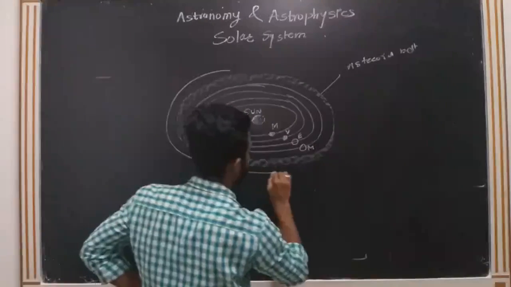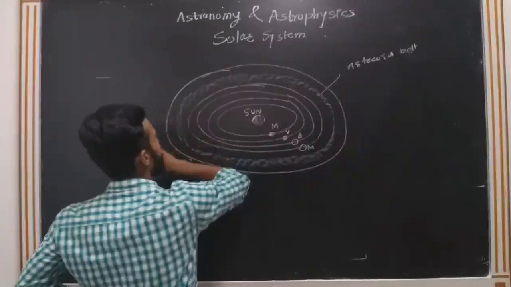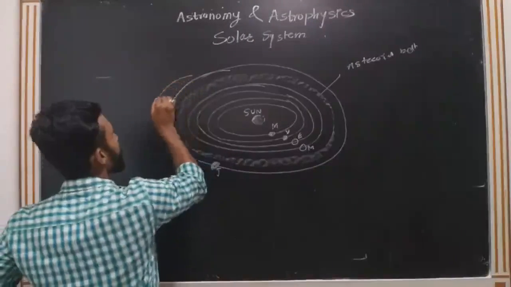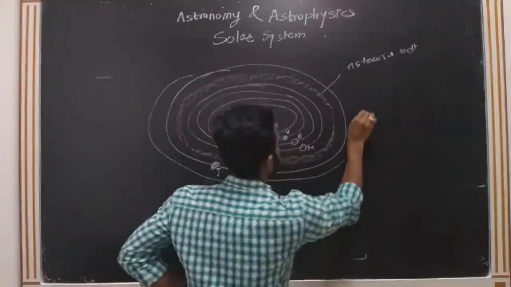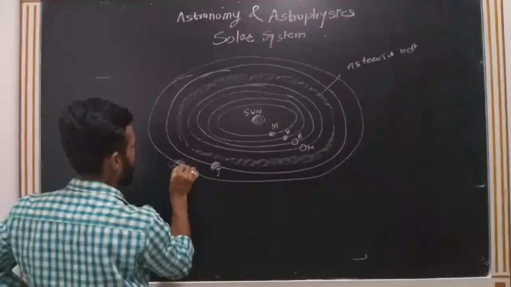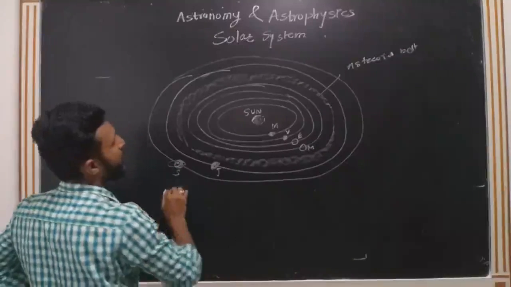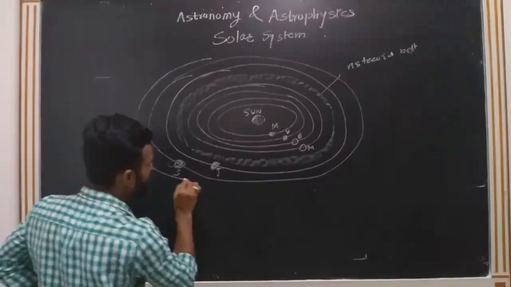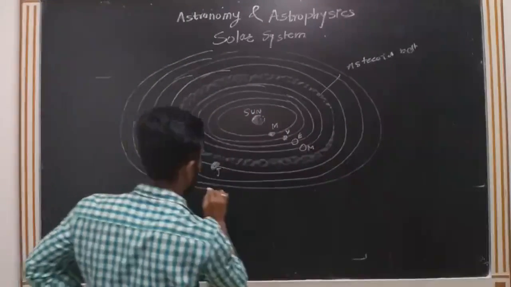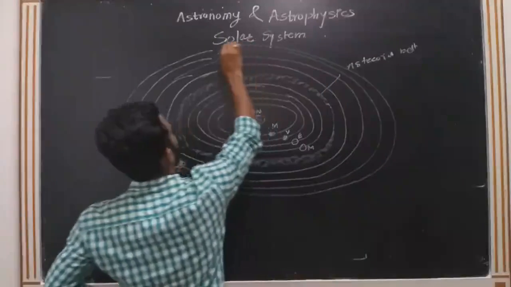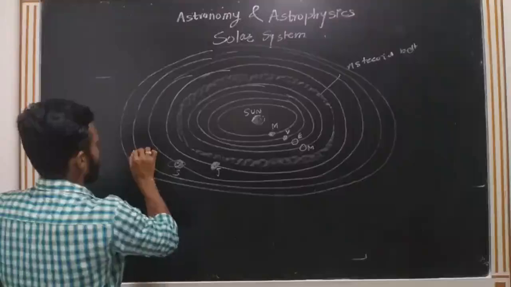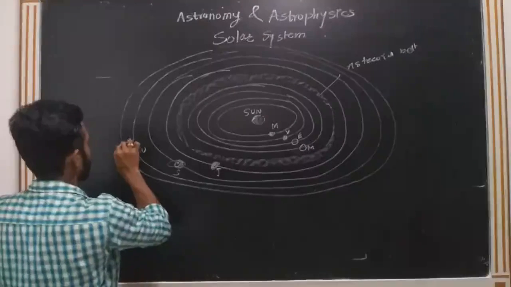And two gaseous planets, Jupiter and Saturn. And 2 icy planets, Uranus and Neptune.